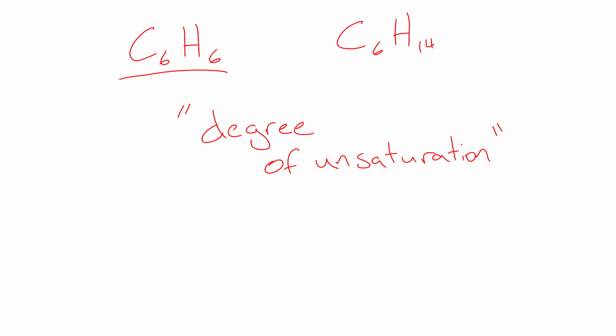So it's not super critical to always think in terms of degree of unsaturation, but it can save you a lot of time in terms of these draw-all-the-possible-isomers problems. Because if you know it's saturated, you don't even need to worry about pi bonds or rings. That limits what possibilities you have. If it was C4H8, all of a sudden that changes how we can arrange things.